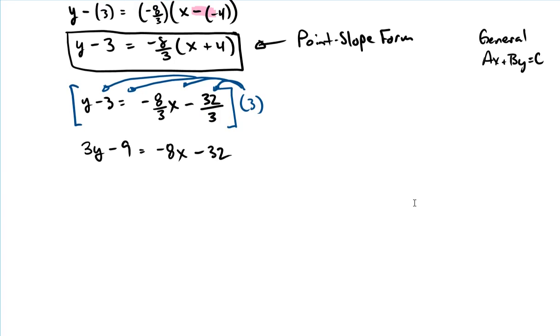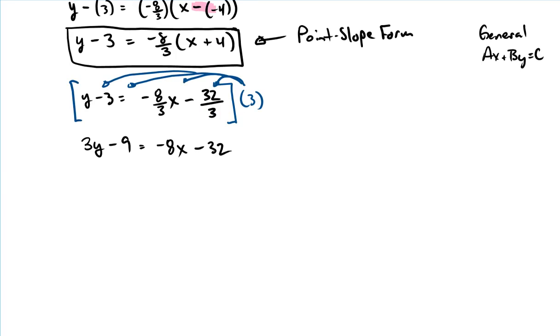Okay, so we no longer have any fractions, and then we want the x's and y's to be together on the same side. So let's add the 8x, and then let's go ahead and do 2 steps in one. Let's go ahead and add the 9 on over.